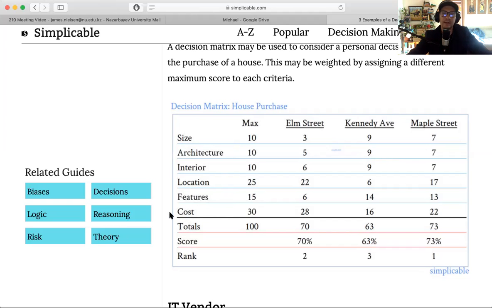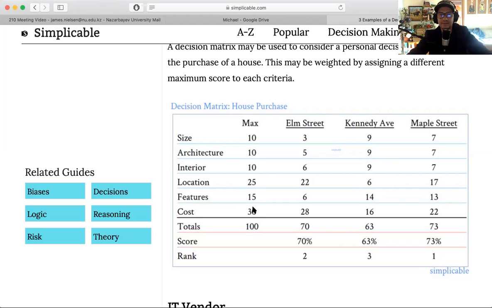When you're looking at buying a house, you can't ignore cost, because if we ignored cost, then we could just find the biggest, hugest mansion in the world and be like, that's the one, right? But in reality, because we live in reality, most of us, I try to sometimes, we can't just get the mansion, right?